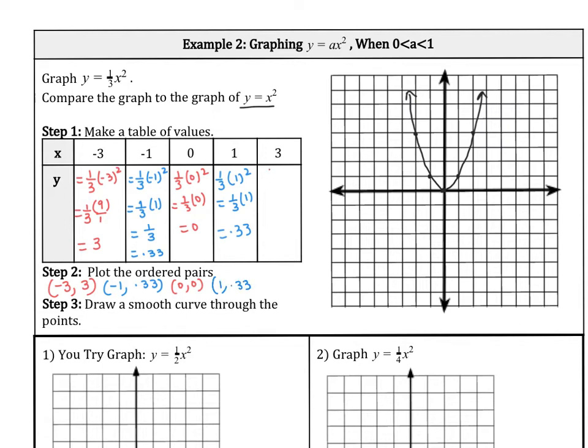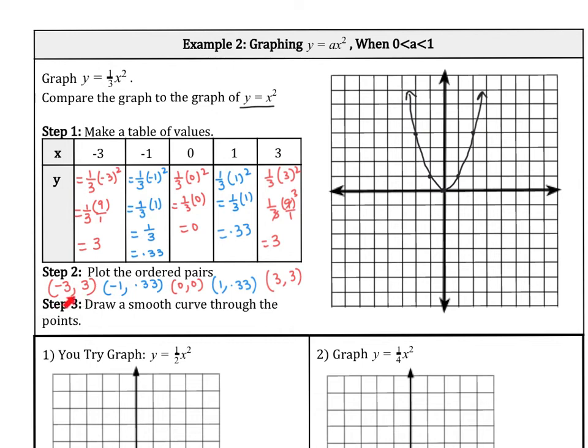And the next one is 1 over 3 times 3 squared, that is 1/3 of 9. 9 divided by 3 is just 3. So my next point is going to be 3 comma 3. If you notice now at this point, I want to take your attention to the symmetry here.